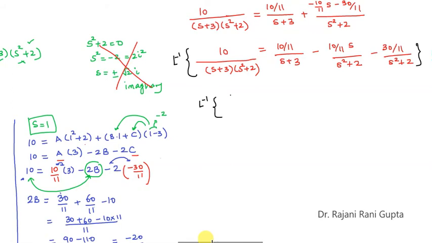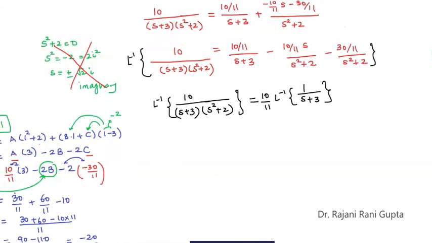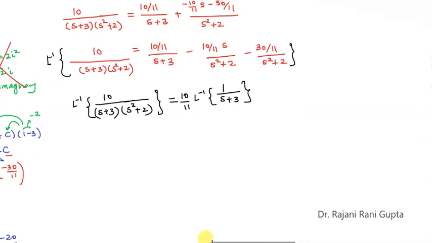Laplace inverse of 10 over s plus 3 s square plus 2 equals, here 10 over 11 is a constant, so you can write 10 over 11 Laplace inverse of 1 over s plus 3 minus, again this 10 over 11 is a constant, and here we have 30 over 11 as a constant.